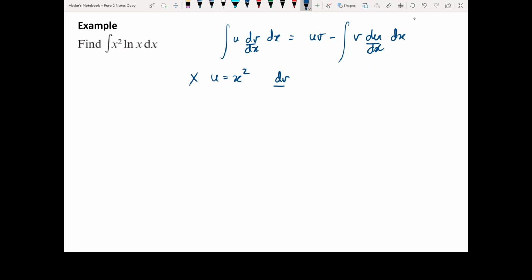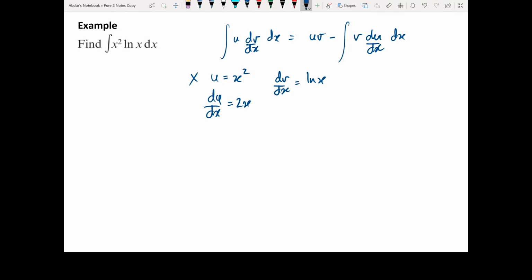And dv by dx, if I did choose that to be ln x, what I would then do is differentiate to get du by dx, which is straightforward, 2x. But what happens when I try and integrate dv by dx, when I want to integrate ln x? Now we don't know the integral of ln x. So here we get stuck because we can't integrate ln x.